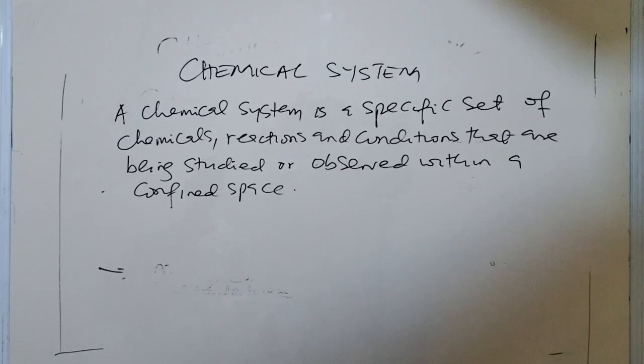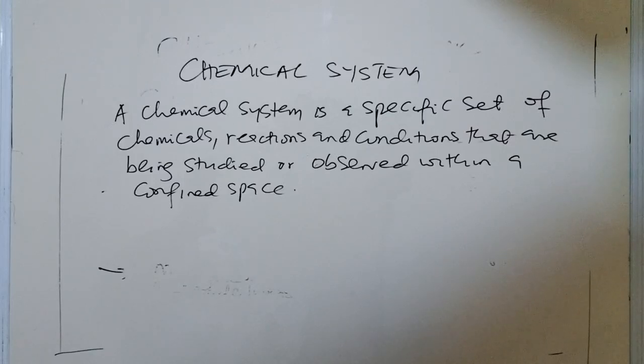But now we're talking about a laboratory setting whereby you have a container or a vessel for a reaction. Could be a beaker, a conical flask, a crucible, or whatever container you want to perform a chemical reaction in, or where you place a chemical substance. That substance and whatever laboratory environment where it is placed, perhaps on the laboratory table, perhaps in the cupboard, becomes a chemical system for you.